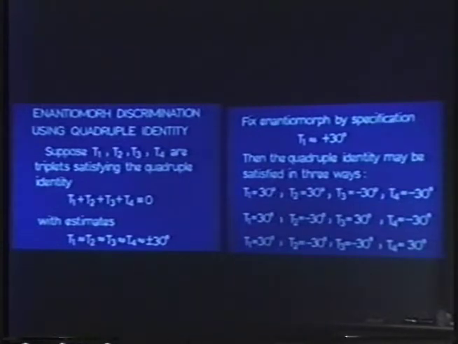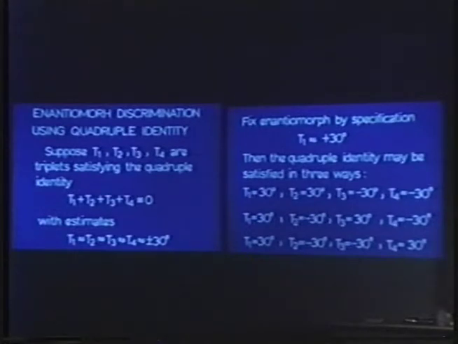And of course, we get an additional complication because of the fact that in general, the triplets will not all be estimated to be plus or minus 30 degrees. Some might be plus or minus 20 degrees, others plus or minus 40 or 50 degrees. And then we have the additional problem of determining not only the correct signs for the triplets, but also of adjusting their values so as to force this identity to hold.